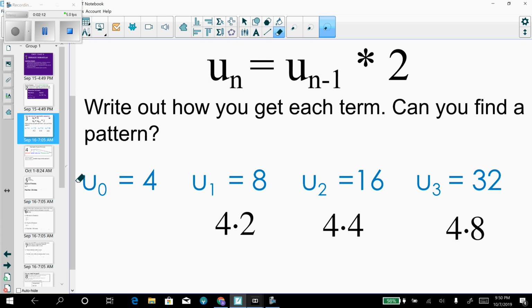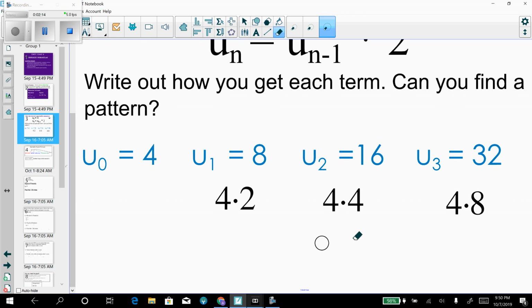But let's think about another way to write 4. We can say that that's the same thing as 2 squared. And this one we can write 8 as 2 to the third. So looking a little bit closer here, this would be 4 times 2 to the first power, 4 times 2 to the second power, 4 times 2 to the third power.